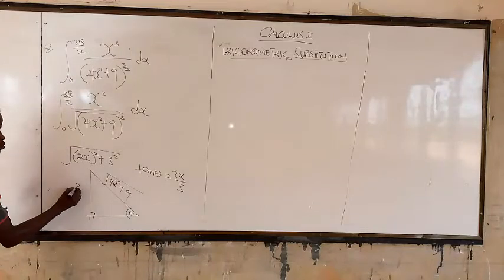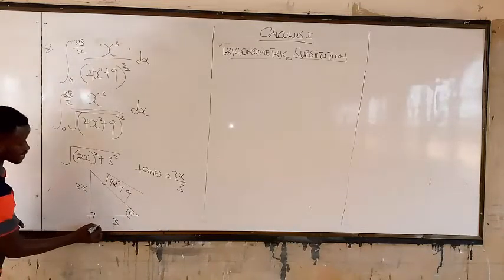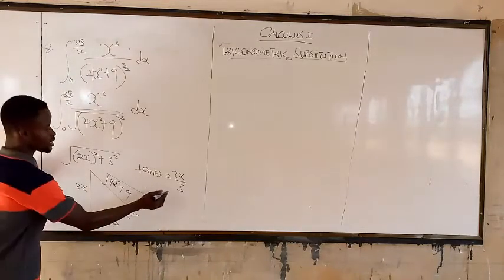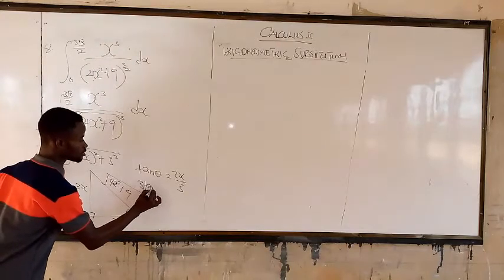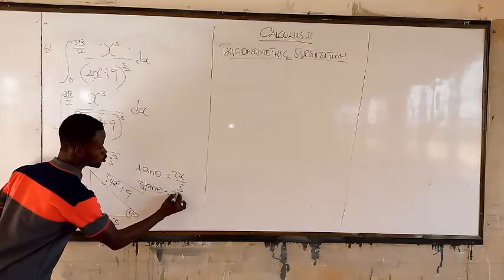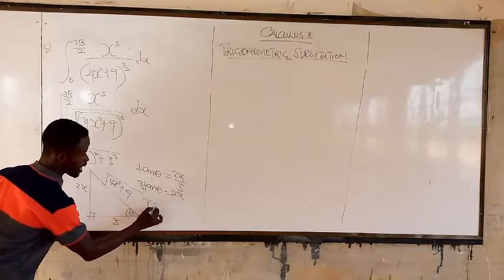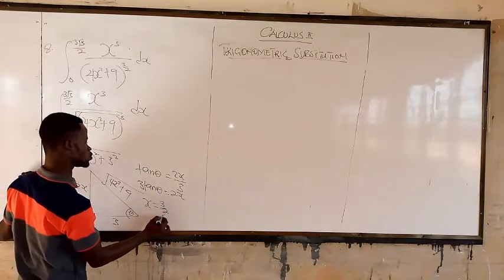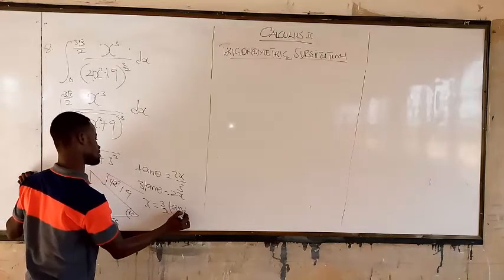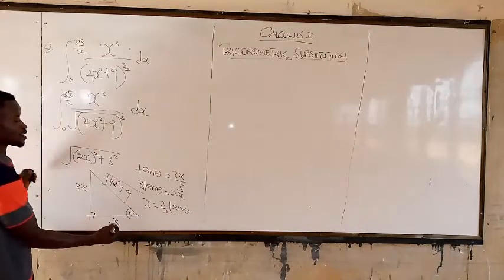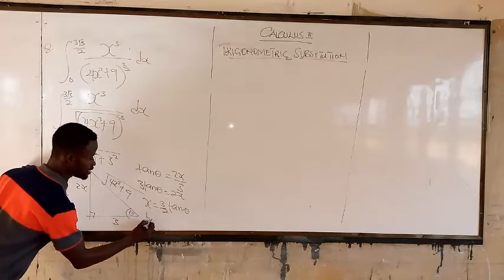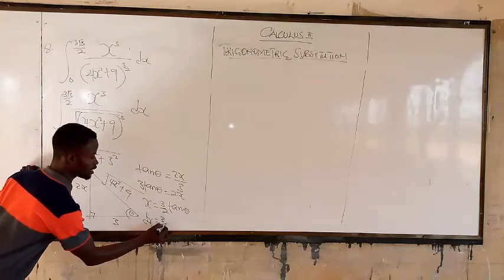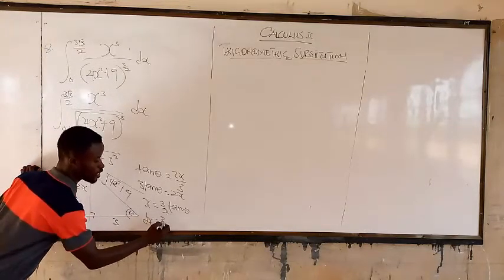So the tan theta is y over x, which is opposite over what? The adjacent. Alright? So here we get 3 tan theta is equal to 2x. So s is equal to 3 over 2 tan theta. So you divide both sides by 2. And when you find ds, you are going to get 3 over 2 times the derivative of tan theta.